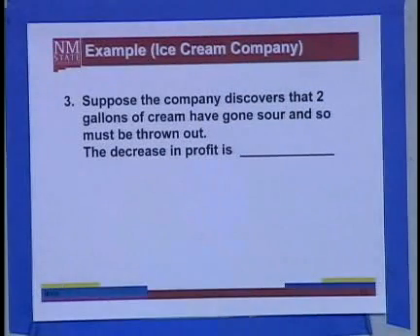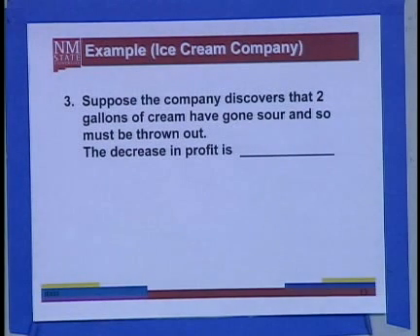Okay, the next question is: suppose the company discovers that 2 gallons of cream has gone sour, so they must be thrown out. Then what happens to the optimal objective function value? Reduce? Okay, let's see. Currently the company has only 65 gallons of cream left in their inventory, right?